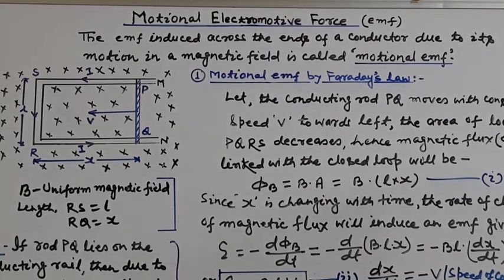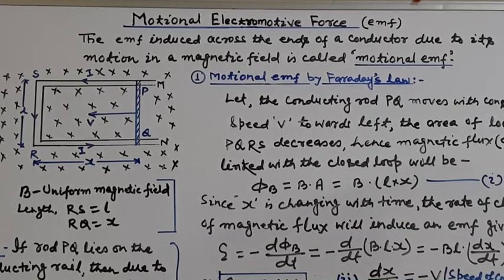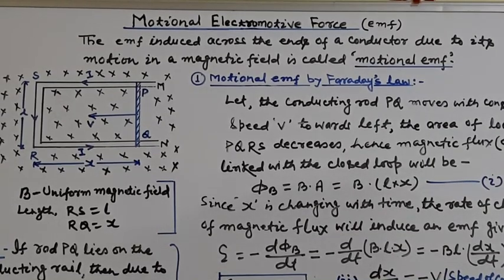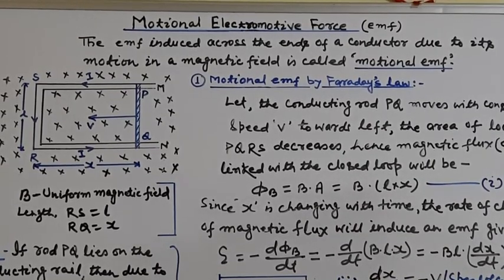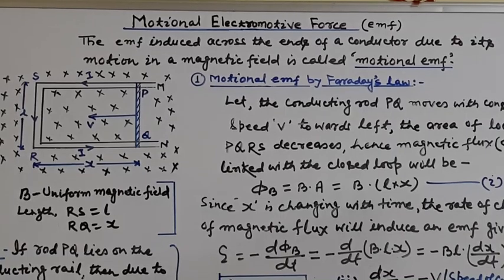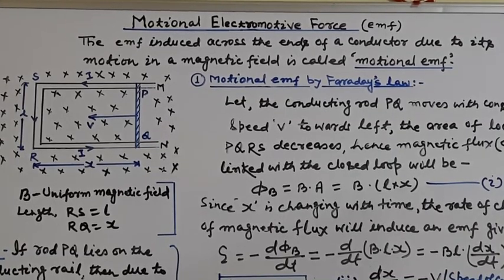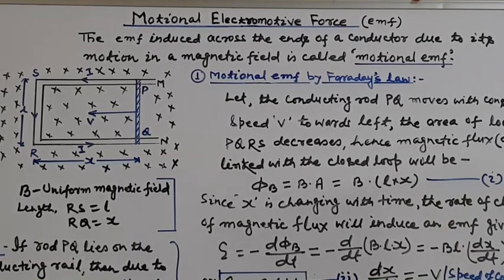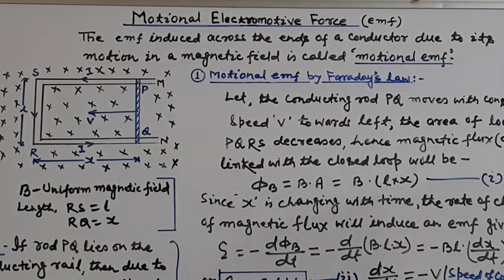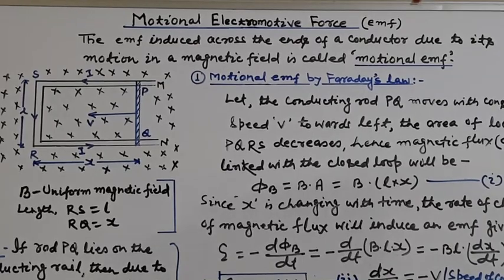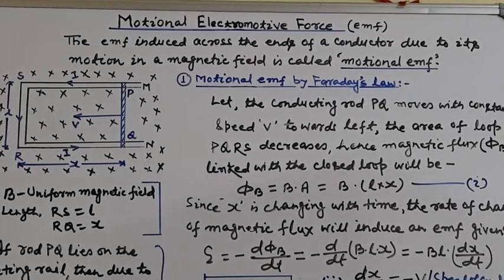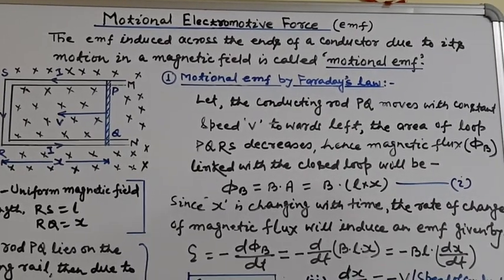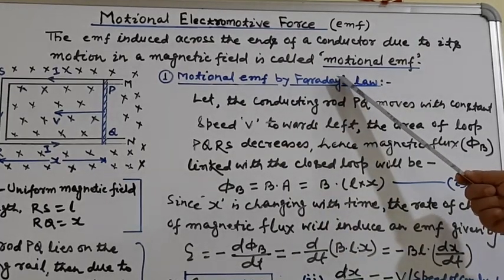That is, when a conductor is allowed to move in a time independent uniform magnetic field, due to change of magnetic flux linked with this conductor, EMF is induced across the ends of that conductor. This induced EMF is known as the motional EMF.